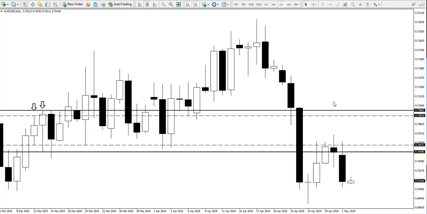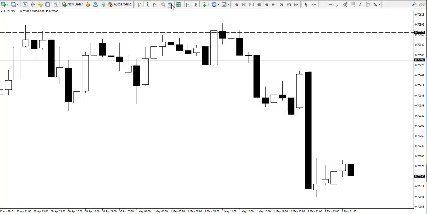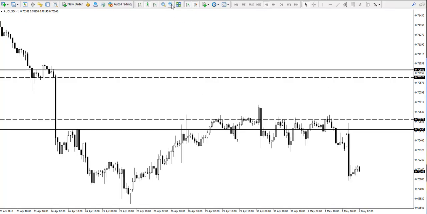So let's go down into a 1 hour chart and take a look. Now I'm going to put the day dividers on.